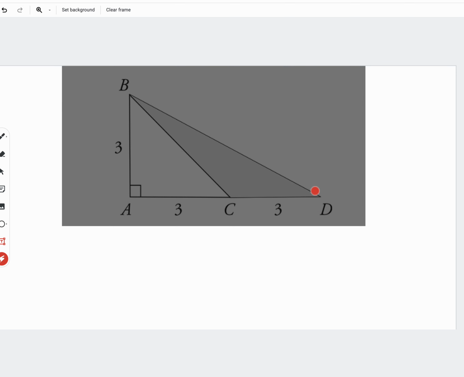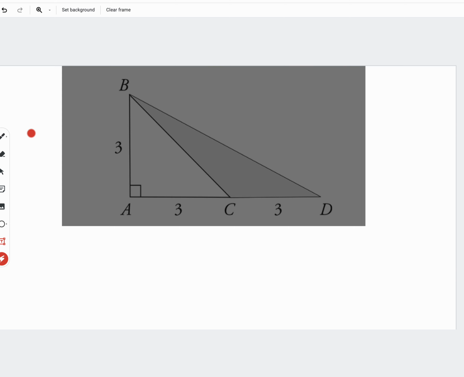We do not have a right angle like we do here. This triangle is not a right triangle. This triangle is a right triangle. We can use this right triangle to help us determine this triangle. Here we can think of this as the distance to the point of the triangle from the base.